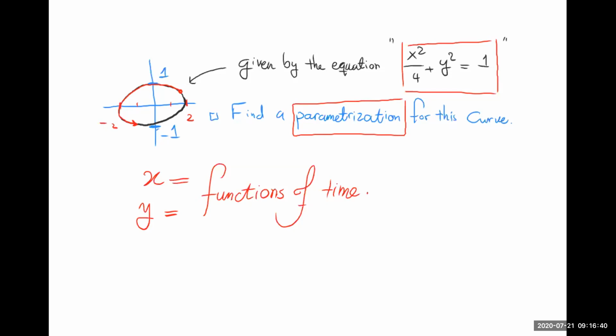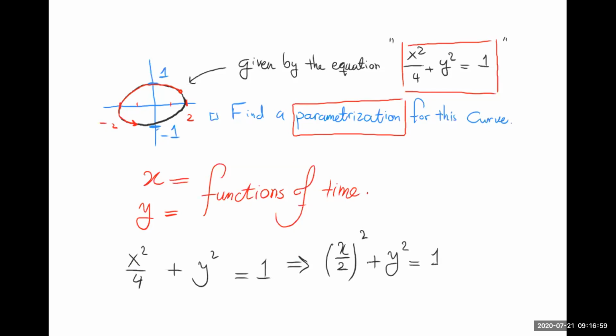Here, x squared over 4 plus y squared equals 1, right? So I can rewrite it as (x over 2) squared plus y squared equals 1.